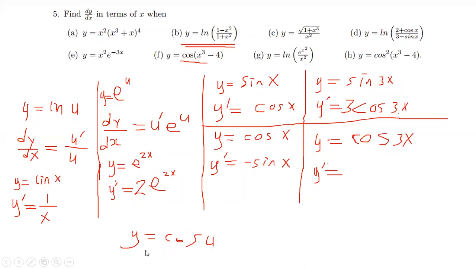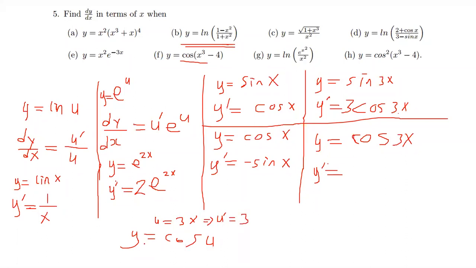So if we say y is cos u, and we say our u is equal to 3x, meaning our du/dx is going to be equal to 3.